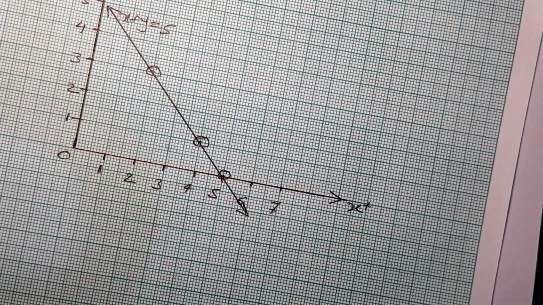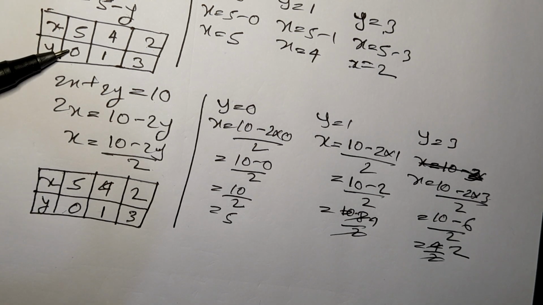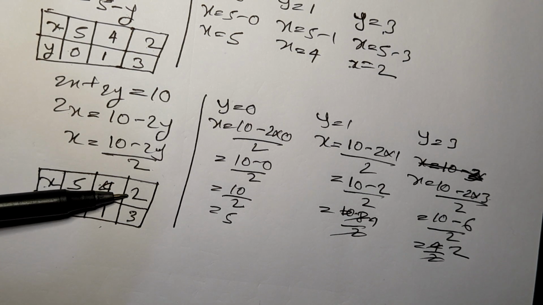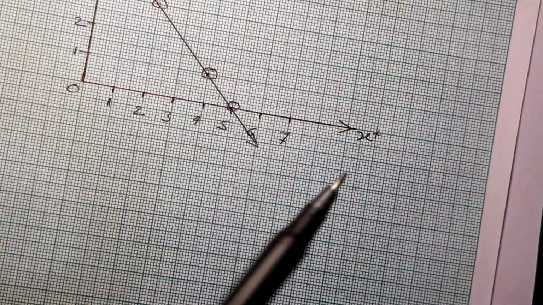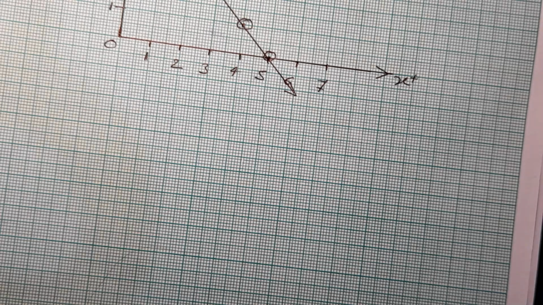Now for the second equation, we got the same only. x 5, y 0, here also x 5, y 0; x 4, y 1, x 4, y 1; x 2, y 3, all are in the same point again. So this will be again here. I am using another pen, another color.